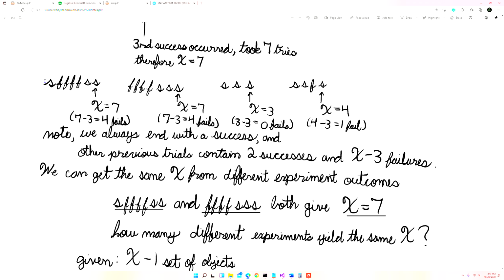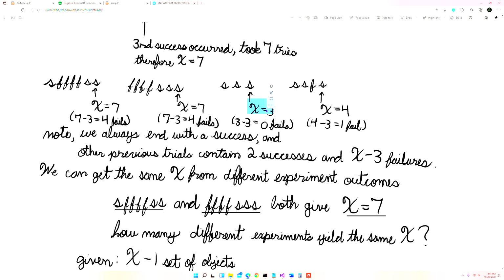The only point of having these two strings next to each other is to show that there are different possible outcomes that can give us the same x variable. It could take the same number of tries to get the same number of successes, and that can happen in different ways.